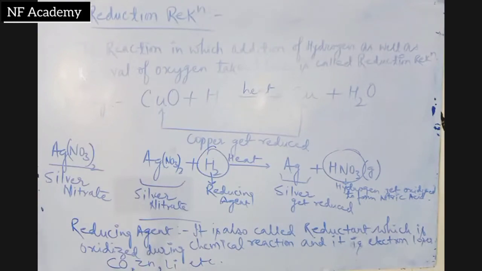Hydrogen is also one of the more reactive non-metals. Carbon monoxide also gets reduced because its molecular bond is weak. Therefore, we have to use those reducing agents that are reactive and can be split in an easier manner. So these are the reducing agents which we use for the reduction reaction.